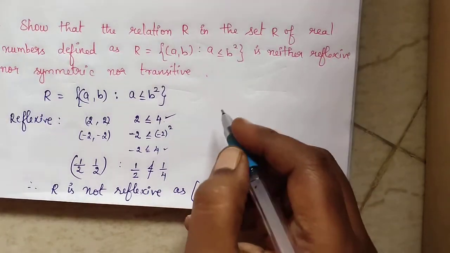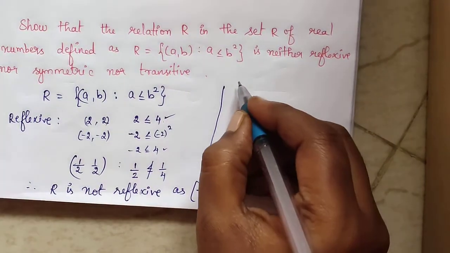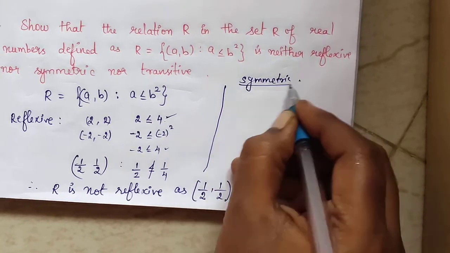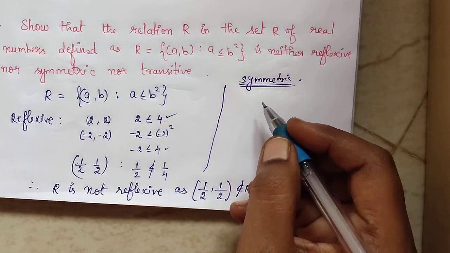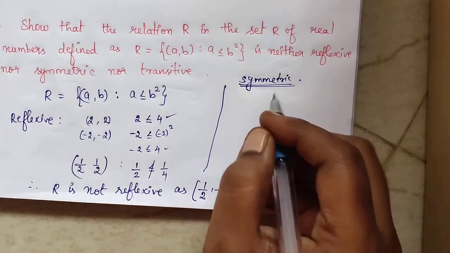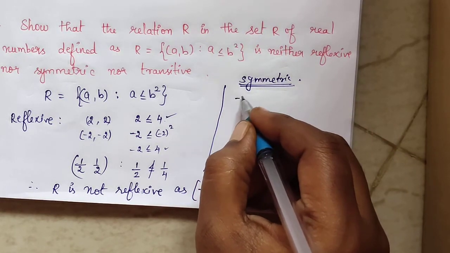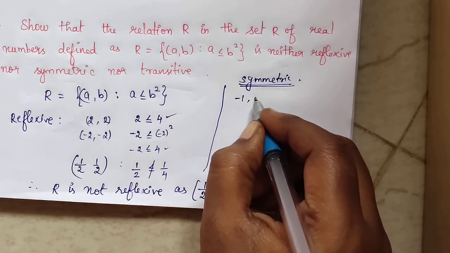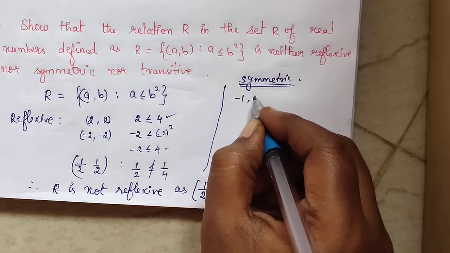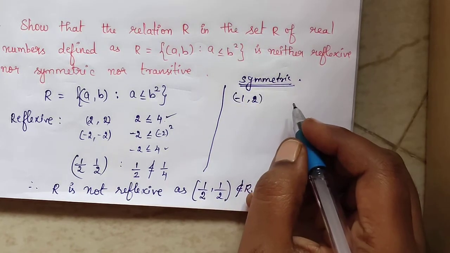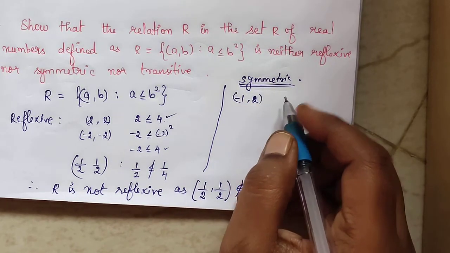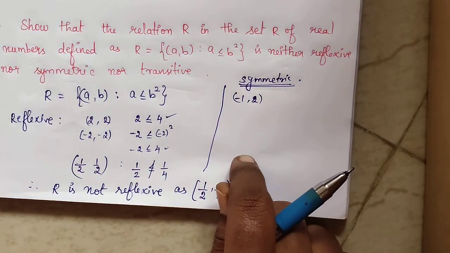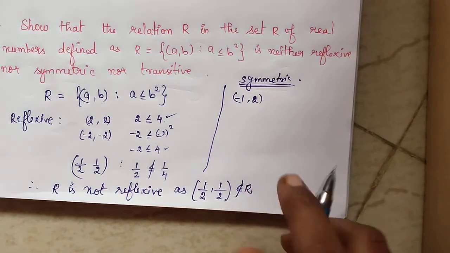Now check for symmetric. Take any numbers. Let us take minus 1 and 2. Symmetric means if minus 1, 2 satisfies the condition, then 2, minus 1 should satisfy the condition.